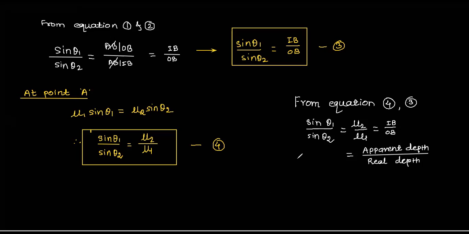So therefore, mu2 by mu1 is equal to apparent depth divided by real depth.